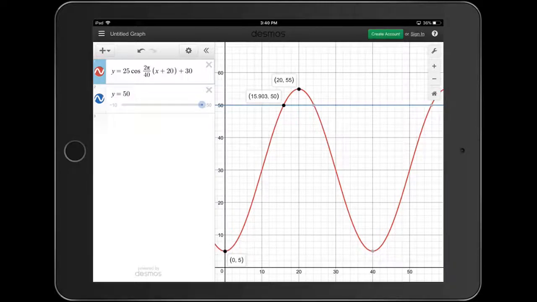Then we come back down 40 seconds later to be right back at the beginning, and then we can do it all over again, but we don't really care about that because the problem was just that we are interested in knowing when the first happens. So the answer to this problem, the first time it gets from 5 feet to that 50 feet, is going to be 15.9 seconds.